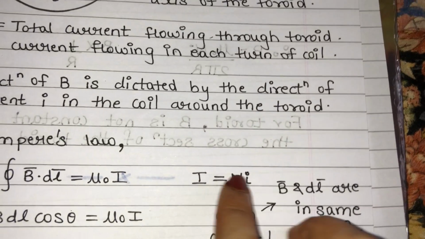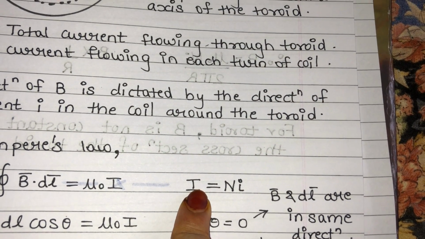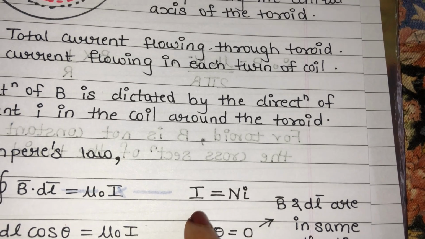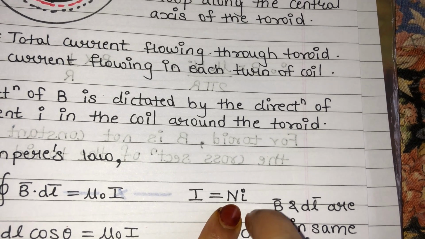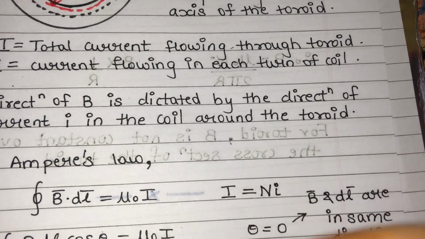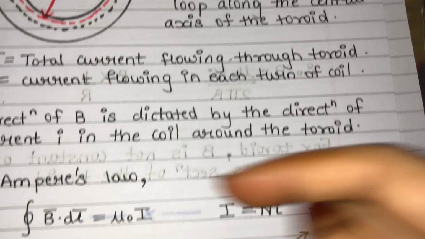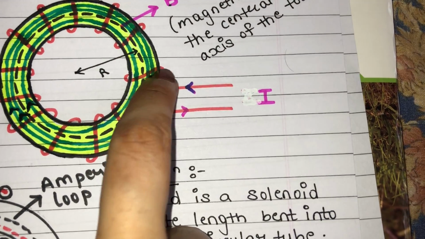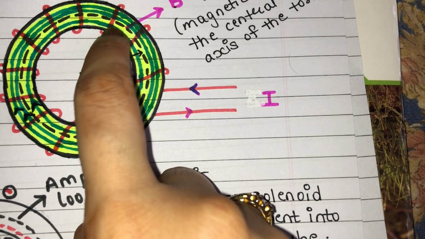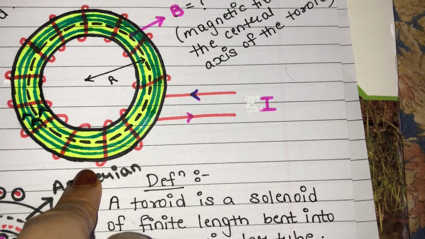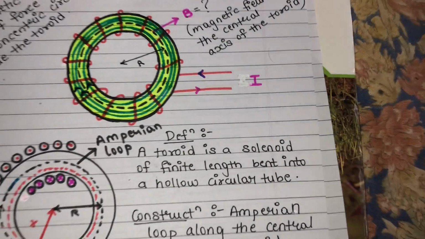That is, the total current flowing through the toroid will be the number of turns times the current in each turn of the coil. So the number of turns times small i will give me the total current.